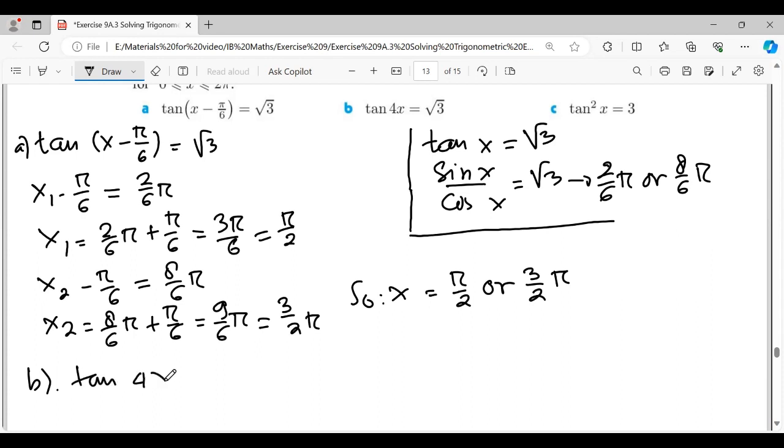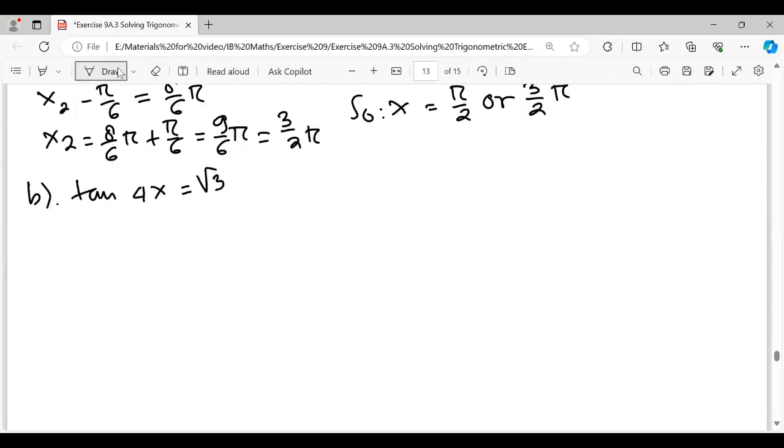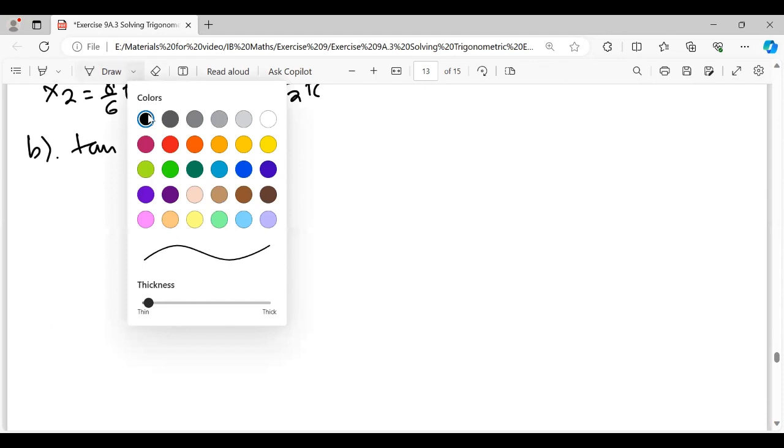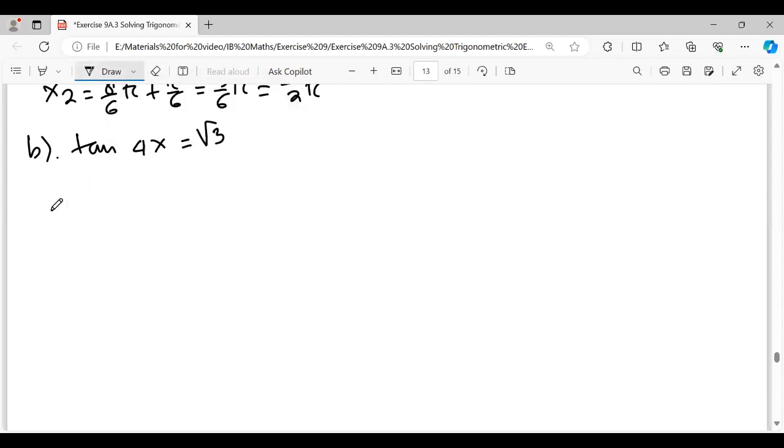B. Tangent 4x equals square root 3. So it means 4x1 equals 2 over 6 pi.